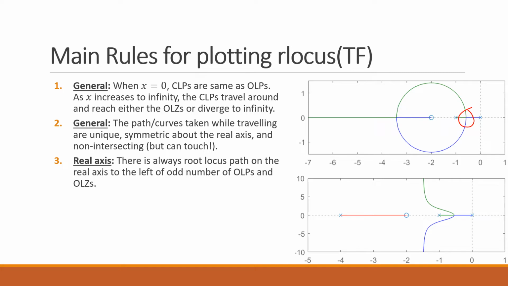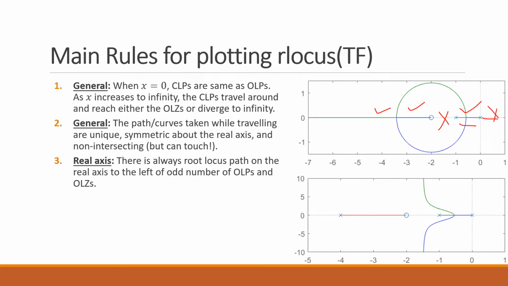Let's see that. If you notice, on the real axis there is root locus at some points. For example, there is no root locus over here, but yes, there is root locus between the two crosses. There is no root locus over here, but there is root locus over here and here. Here, this is to the left of nothing.